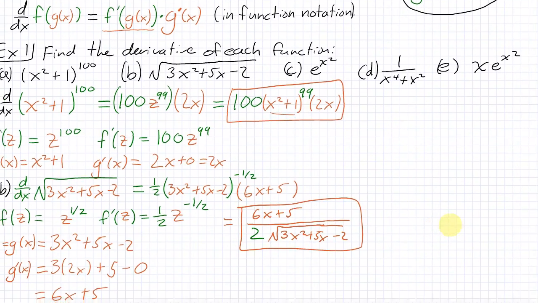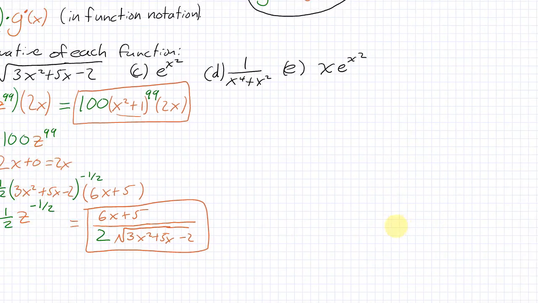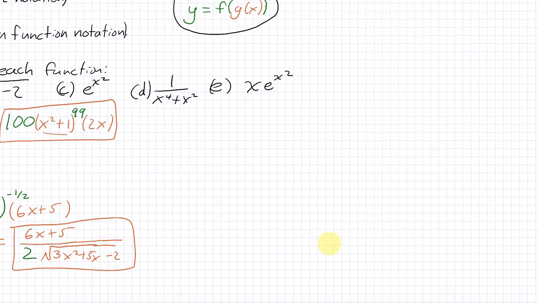Okay, so that is A and B. Let's do C. Maybe for this one, I'll skip a few more steps. So with this one, I'm just going to write this as the derivative with respect to x of the outer function is e to a power. And then the inner function is x squared.